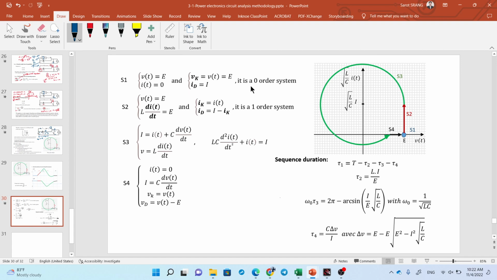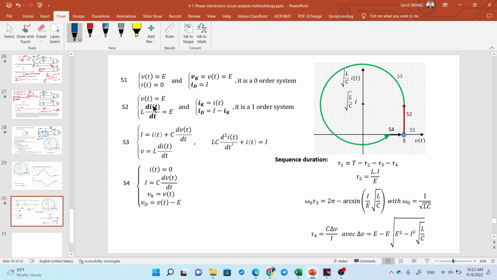From sequence 1, it is a zero order system because there's no differential equation in here. No derivative term. It means voltage and current are constant at this point. Voltage equal to E, current equal to 0, right? And for sequence 2, it is a first order differential equation.